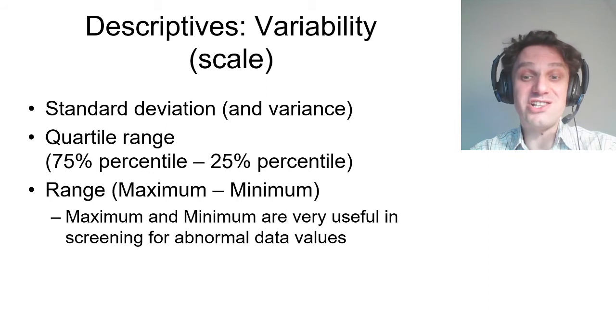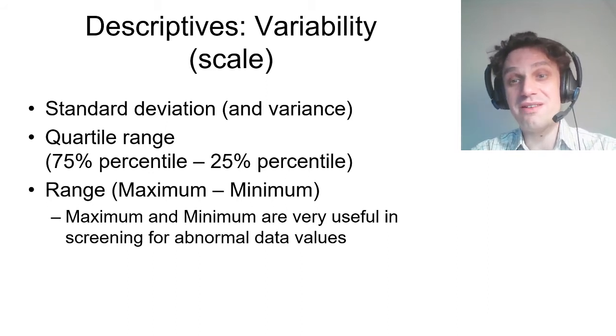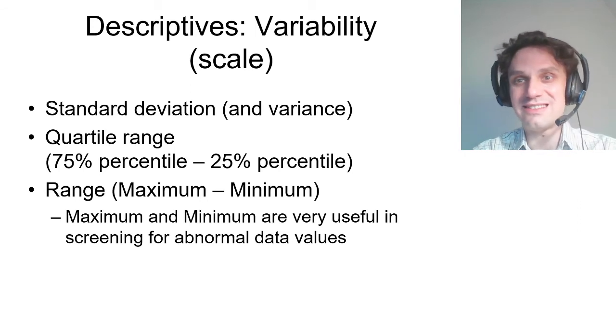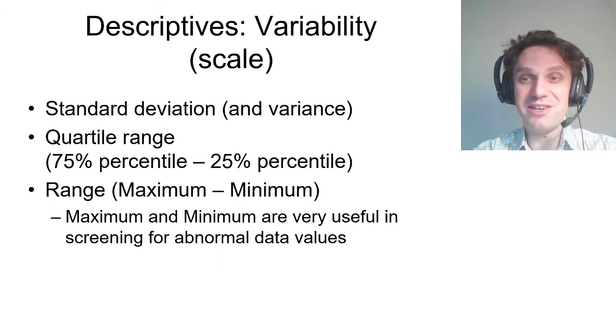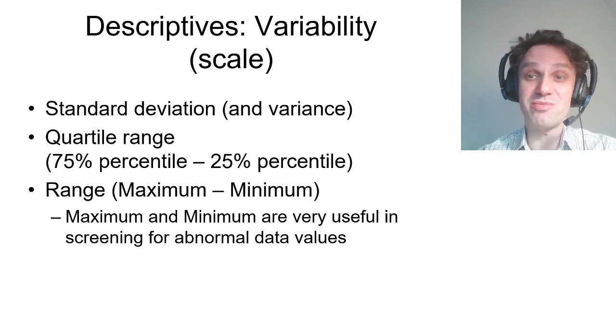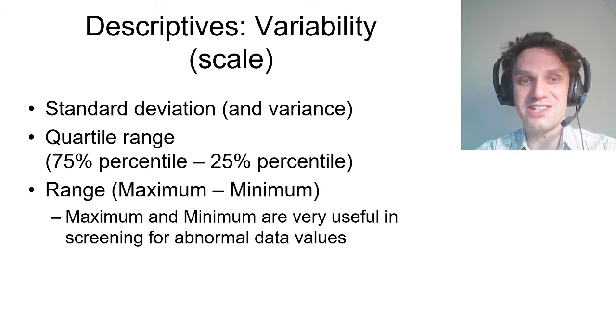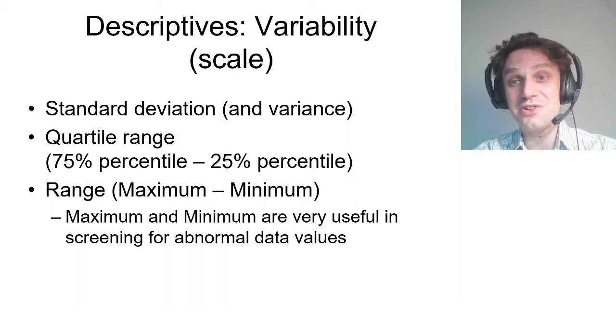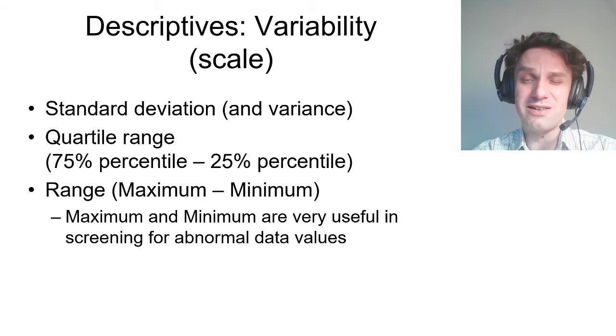That's why it's more easily interpretable. But there are also additional statistics that we can use. For non-parametric variables, where distribution is very strange, it's not normal at all, standard deviation might not describe it very well, because it will be also biased by abnormal observations at the ends of your distribution. That's why for distributions that are not normal, more often we tend to use what is called quartile range.